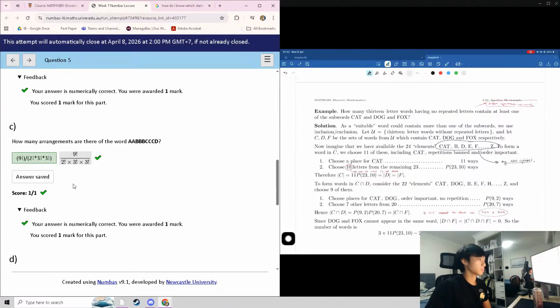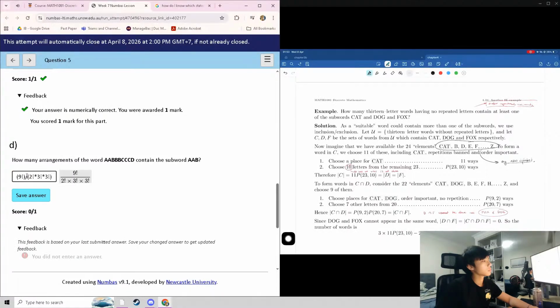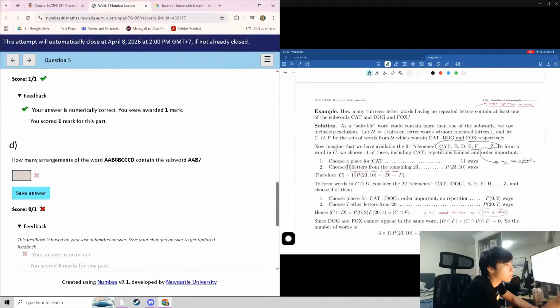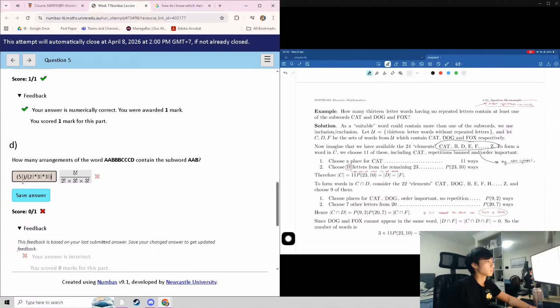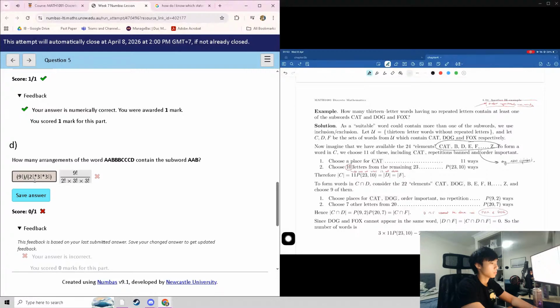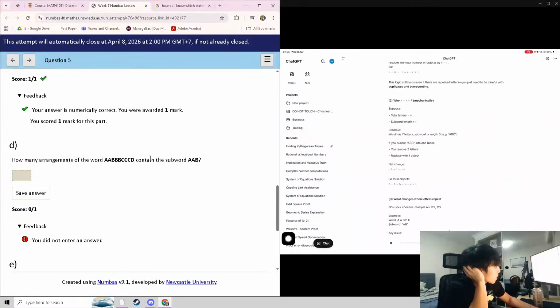That factorial times 5 factorial. I'm actually pretty clueless.